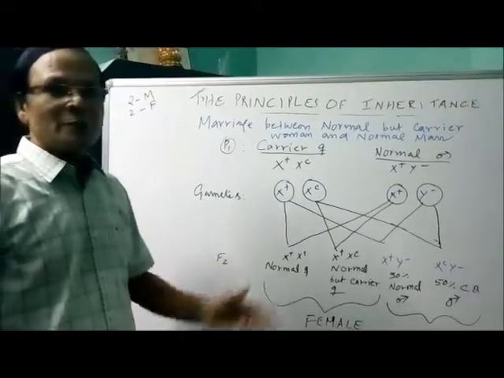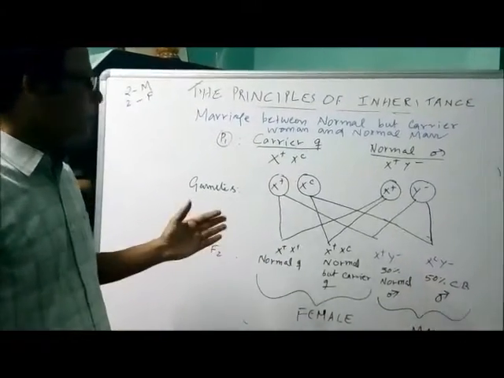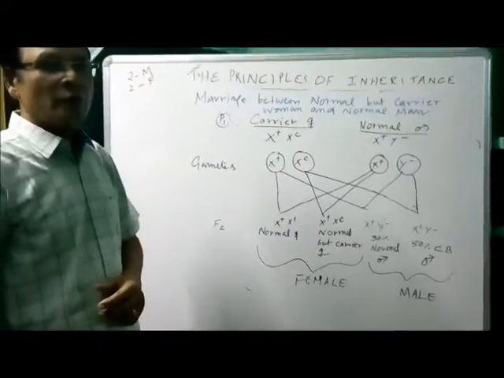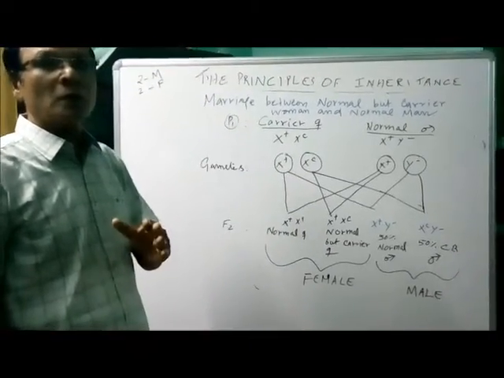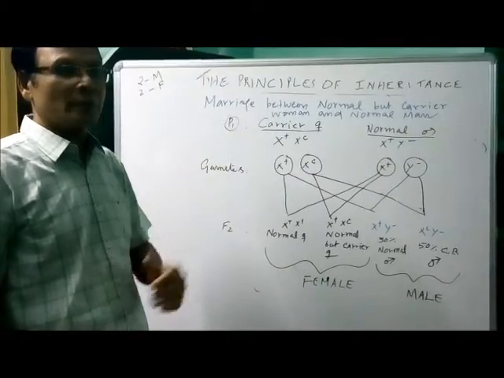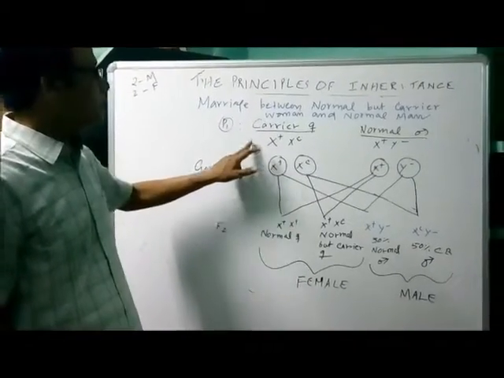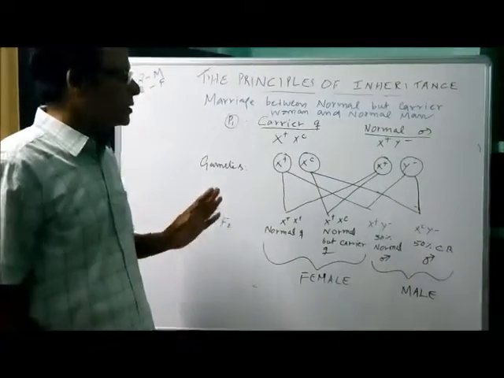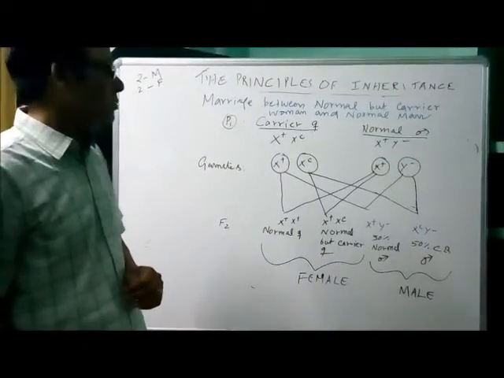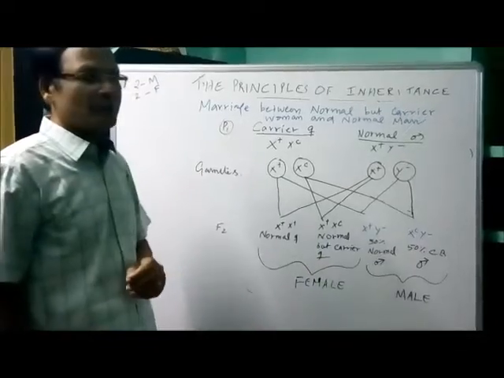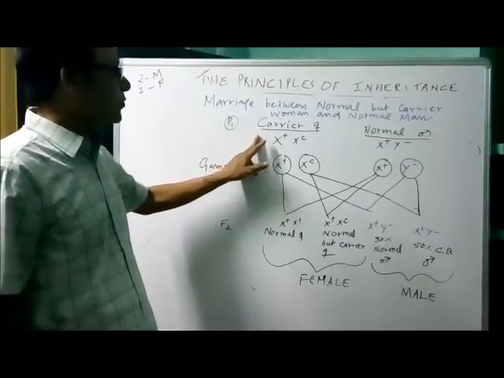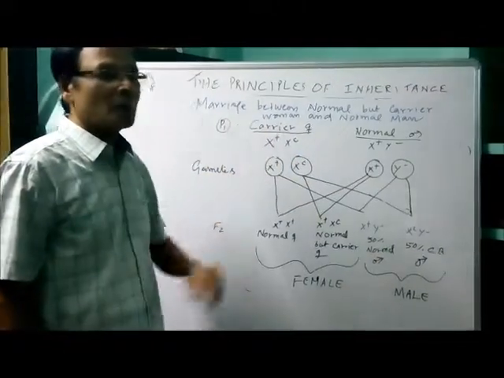In the previous marriage, between a normal woman and a colorblind man, we received all sons and daughters normal. But the daughters are carriers and the sons are normal. All the daughters and sons are normal, but the daughters are carriers. Suppose you have a marriage between a carrier female and a normal male.